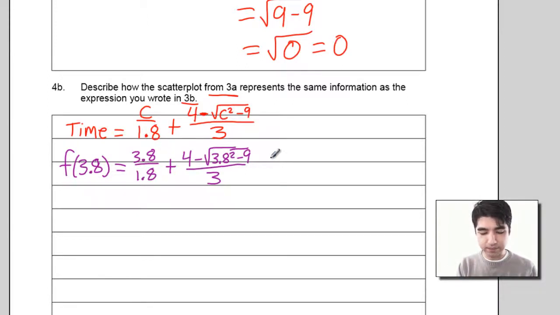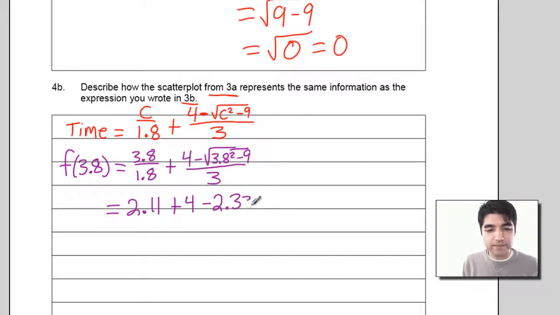So if I start punching this out, we get 2.11 plus 4 minus, let's do the square root. Square root of 3.8 squared minus 9. So we get 4 minus 2.33 divided by 3.